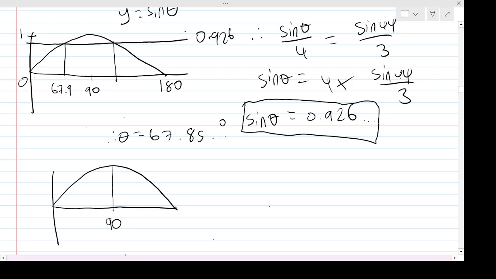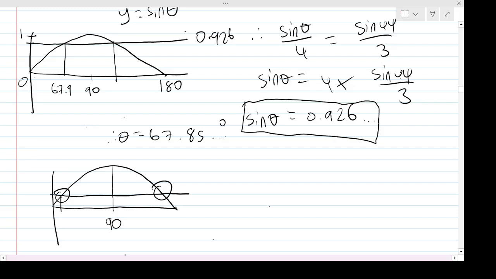At that point, 90, the left side of the curve is indeed the same as the right side. It's symmetrical, right? So we're going to use that. Now, if I suppose I drew a line here, say a different value, again, there's two intersection points there and there.